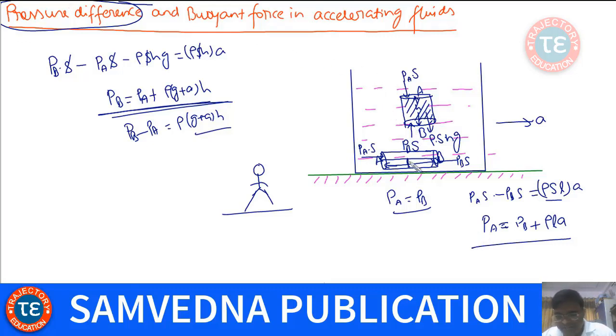This is how we can find it: PA will be higher than PB in this case. I hope you understand. So there will be a difference in the pressure at points A and B, which are at the same height, if the whole system is accelerating in the forward direction.